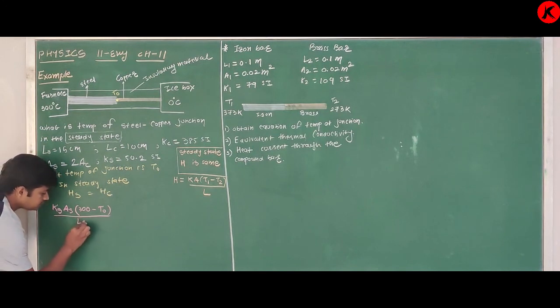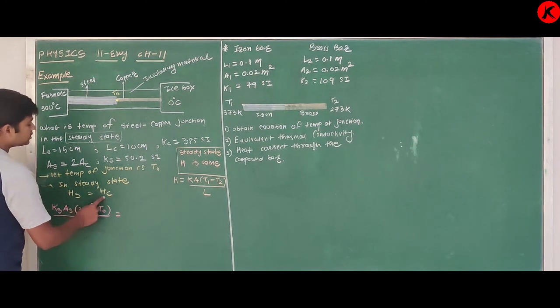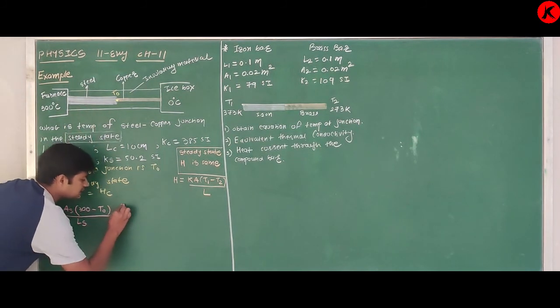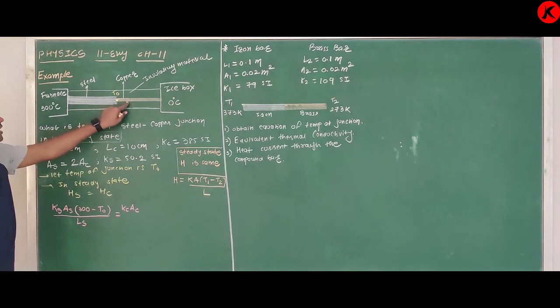That is LS, equal to this side. HC means heat current through the copper wire, so it is KC AC for this copper wire.